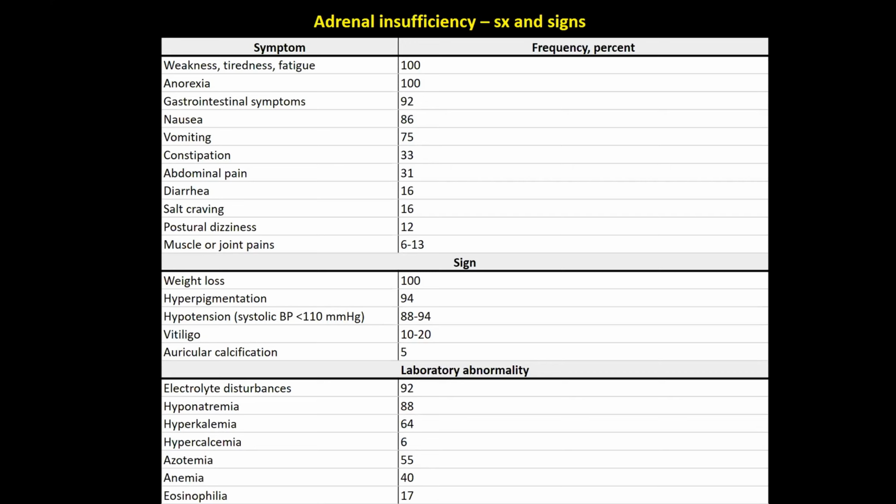They'll complain of abdominal pain, nausea, vomiting. Hypotension is definitely a key factor to look out for in these patients. And in terms of the electrolyte anomalies, you may see hyponatremia, hyperkalemia in some of these patients, but not in all of them. So really it's trying to sometimes put together the picture from the history and the clinical exam, and say, what does this add up to? Does this patient have adrenal insufficiency?